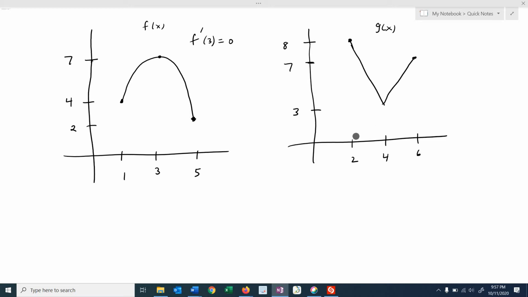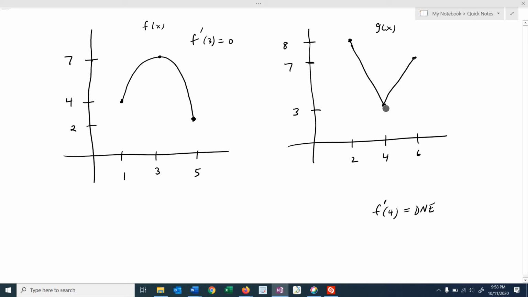Okay, maybe as another example, just to reinforce this idea, if you look at the graph of g of x, the absolute minimum is 3, and it occurs when x equals 4, which happens to be a critical point, because the derivative at that point is undefined, or doesn't exist, because it's a sharp corner.